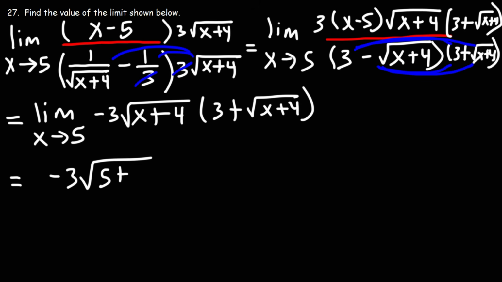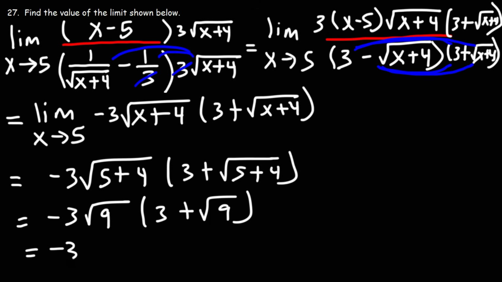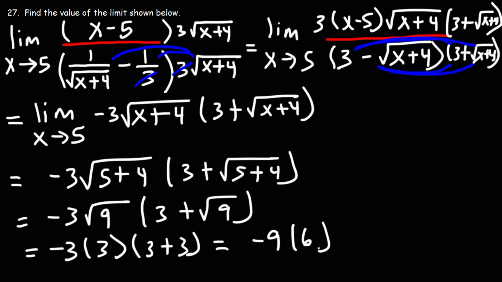We could replace x with 5. Five plus 4 is 9, and the square root of 9 is 3. Negative 3 times 3 is negative 9. 3 plus 3 is 6. Negative 9 times 6 is negative 54. So that's going to be the answer for this problem, negative 54.